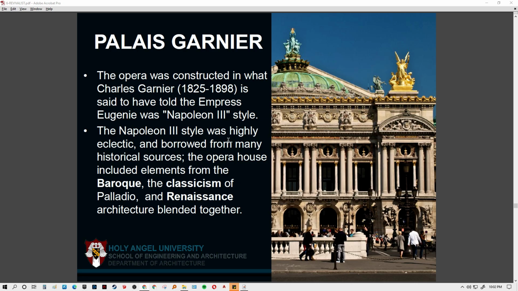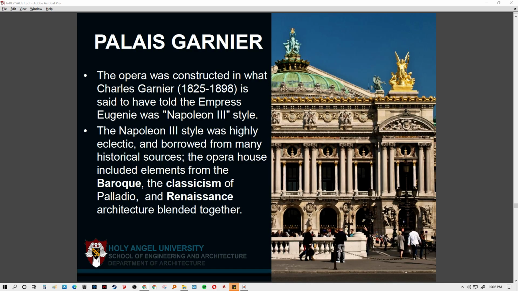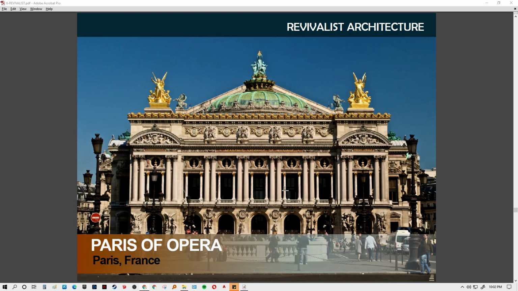It serves as an opera house, and it has been blended together with these certain styles. It is said to have Renaissance and Baroque style.